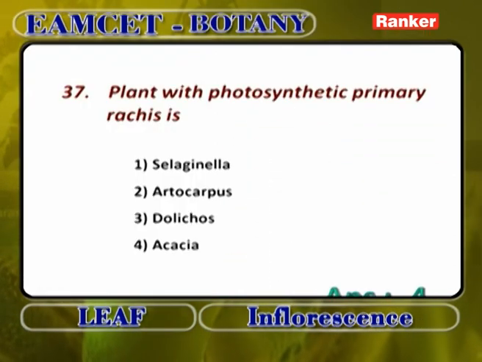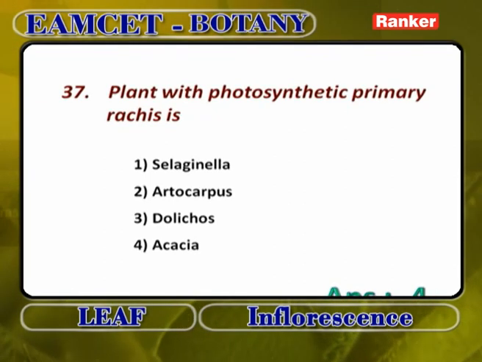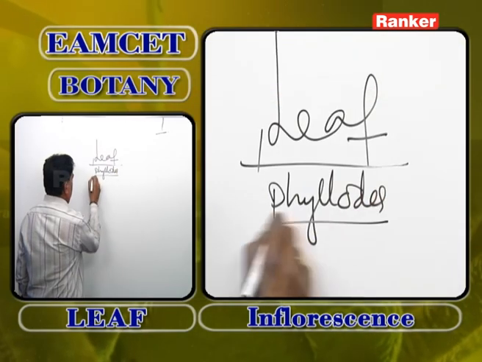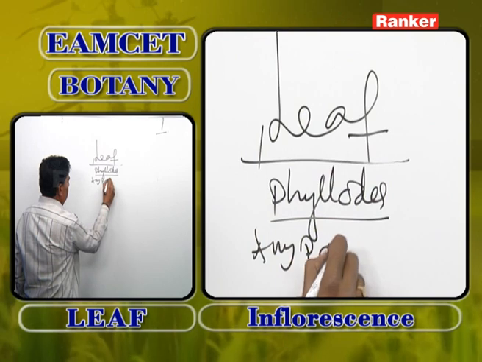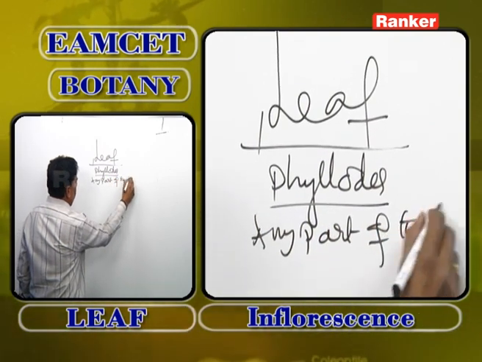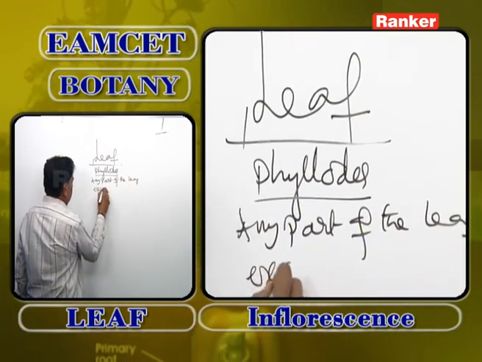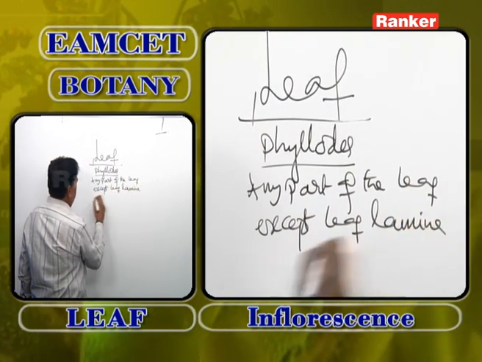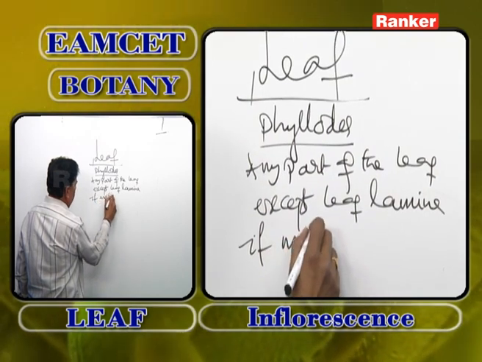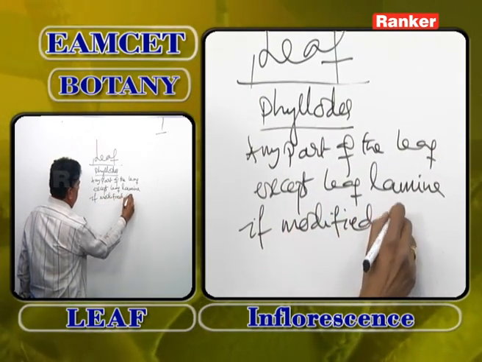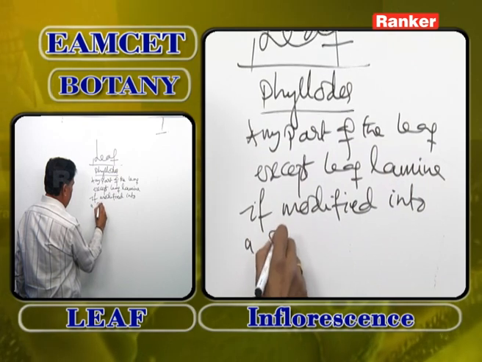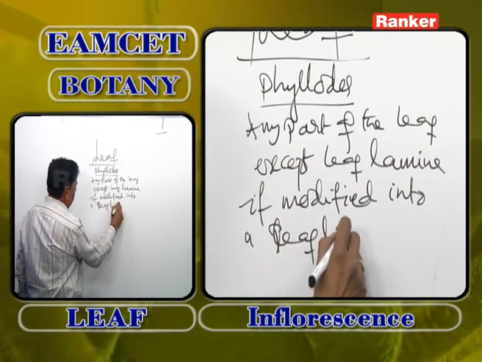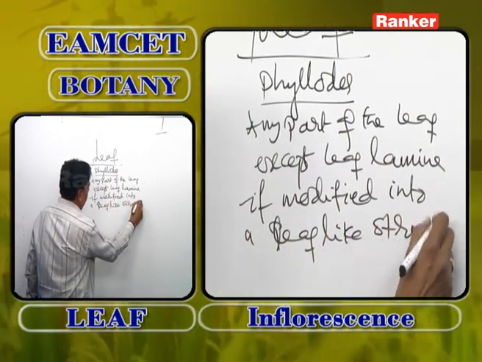Plants with photosynthetic primary rachis means we have to explain phyllodes. Any part of the leaf except the leaf lamina, if it modifies into a green expanded photosynthetic leaf-like structure, then it is called a phyllode.